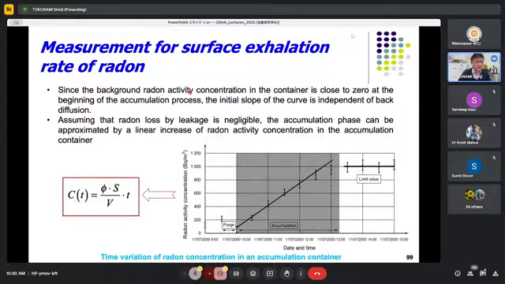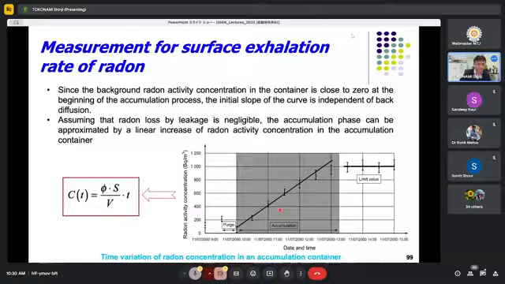Since the background radon activity concentration in the container is close to zero at the beginning of the accumulation process, the initial slope of the curve is independent of back diffusion.